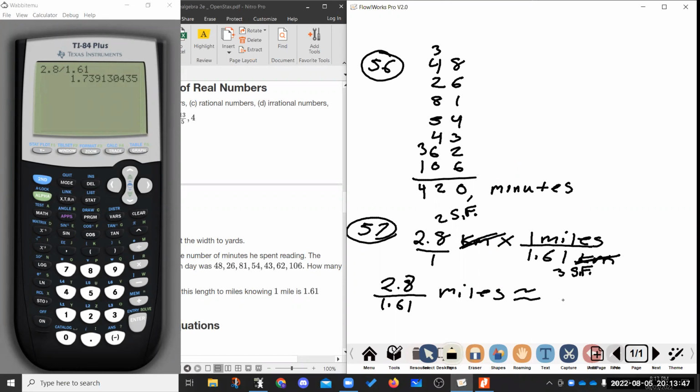So we're going to round this to 1.7 miles, because that gives our answer in 2 significant figures. That way you're not guessing. There are rules that tell you with multiplication and division, don't be any more specific than the one that has the least number of significant figures. In that case, we had 2 significant figures. So that's how we're going to determine where to round. Since no rule told us to round to the nearest tenth or hundredth or thousandth, we're going to use our significant figure rules.